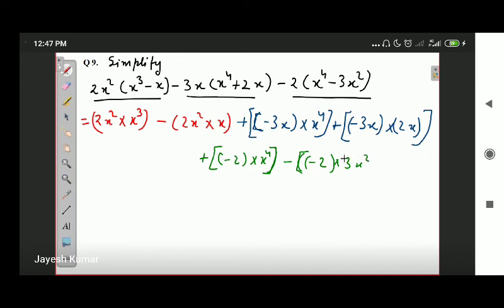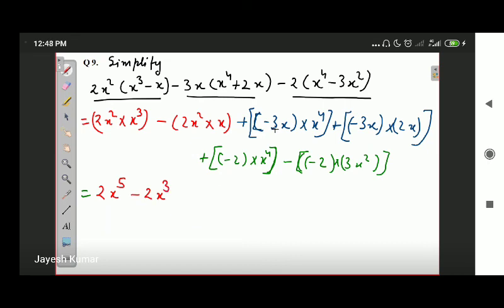So this will be 2 into x square into x cube, this will be 2x to the power 5, minus 2 into x square into x, this will be minus 2x cube.